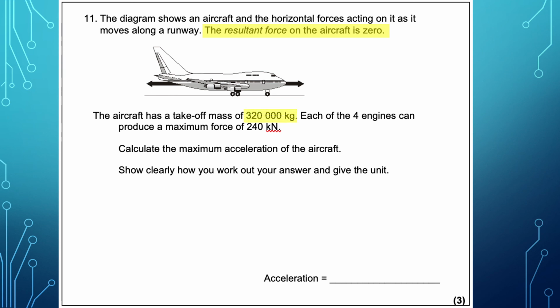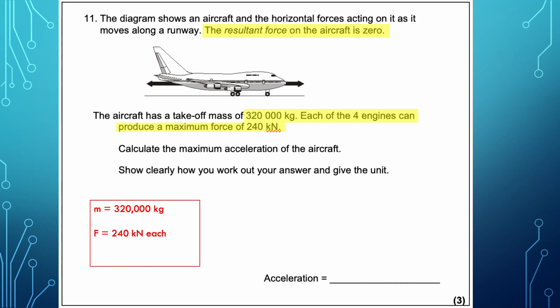All right, so there's your other numbers that you need to know, and let's work this out. First, let's think about what is given to us. We have our mass, which is 320,000 kilograms, and we have some form of force, which is in kilonewtons, and that's not right because we want our force to be in just newtons. So we're going to switch that. But before we do that, we need to figure out the maximum amount of force.